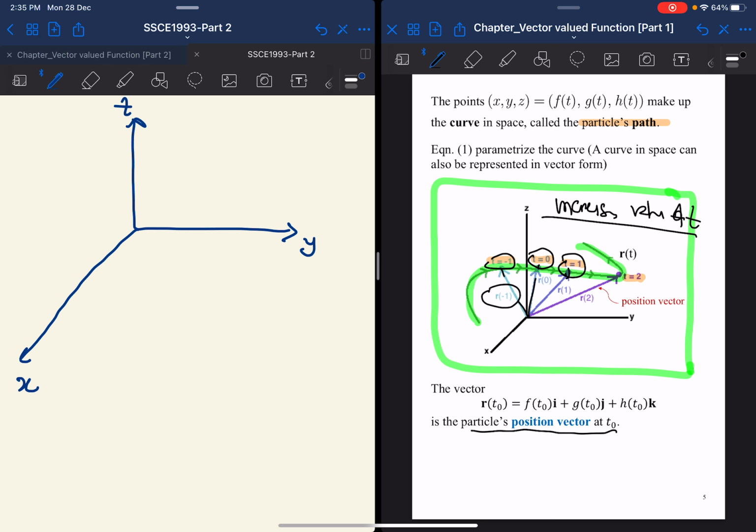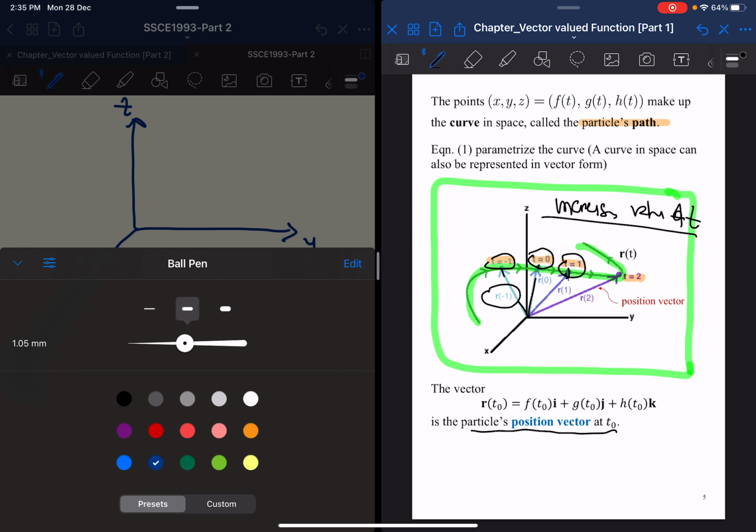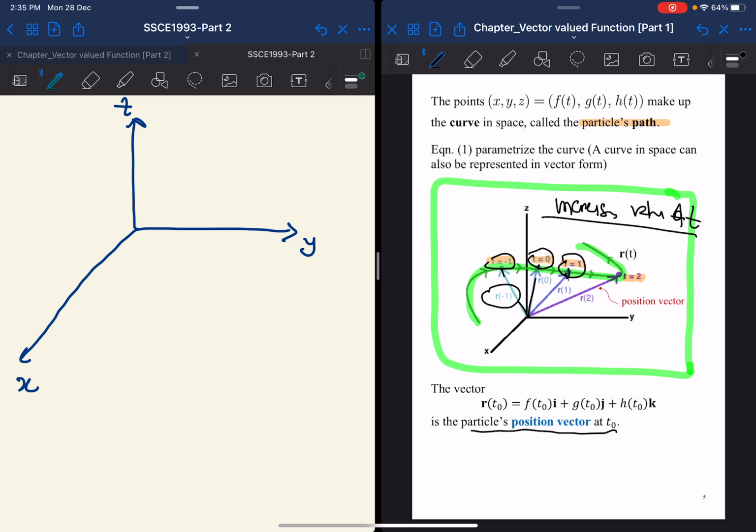Just now I said that we're going to have a new axis. So we will see the new axis should be somewhere here, like this. So this is actually the new axis, and we will see that the position vector will be on this new axis.